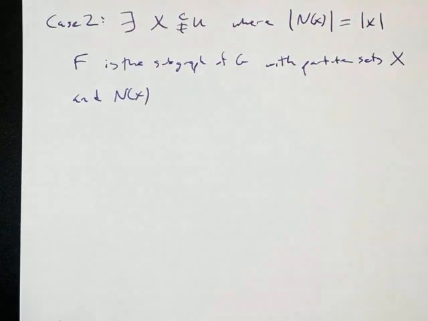I have a smaller bipartite graph. X is a subset, but not equal to U. If it's smaller, my induction hypothesis comes in.